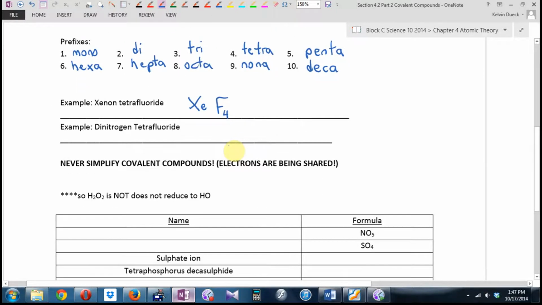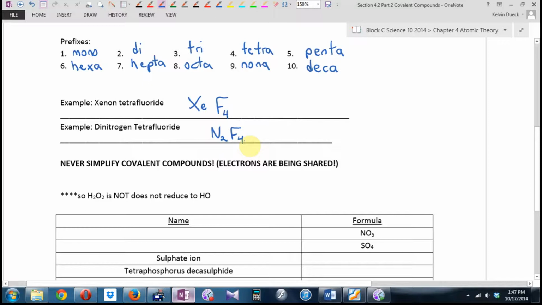Dinitrogen tetrafluoride. What's the symbol for nitrogen? How many nitrogens are there this time? What's the symbol for fluoride? Now, if this was ionic, we would have reduced that. Is this ionic?